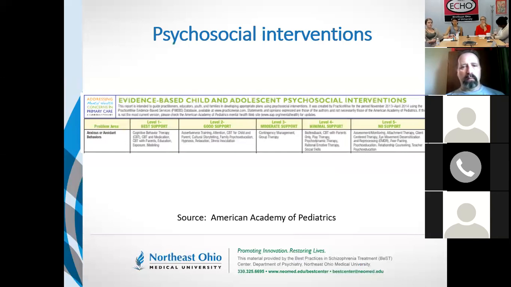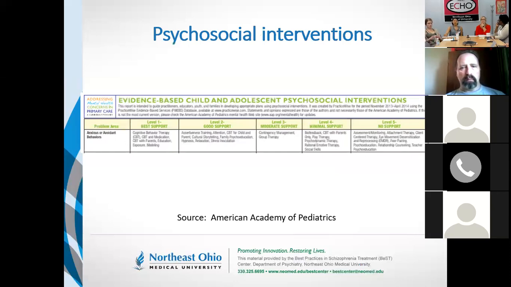For example, in level 1, the reason they've labeled it best support is because the criteria are at least 2 randomized trials demonstrating efficacy and being superior to placebo or some other form of treatment or equivalent. The experiments must have been conducted with treatment manuals, and the effects must have been demonstrated by at least 2 different investigator teams.